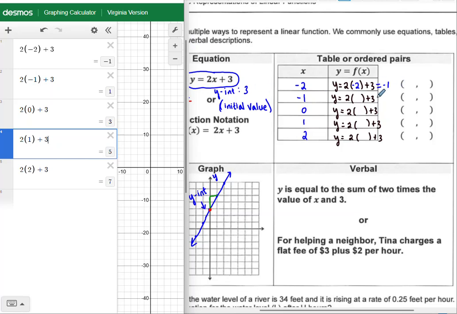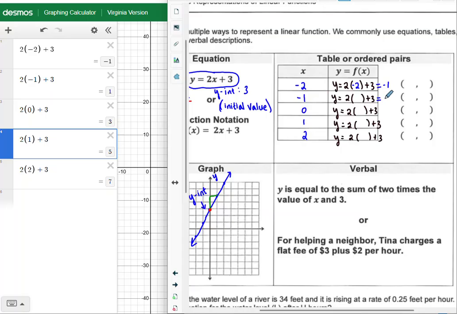Okay, so in this one, when I plugged in -1, my y value was 1, and then so on. When I plugged in 0, my y value was 3. When I plugged in 1, my y value was 5. And then when I plugged in 2, my y value is 7. Okay, so to put it all together nicely, let me write out my ordered pairs here. The first value is always your x value, and then the second value is always your y value.